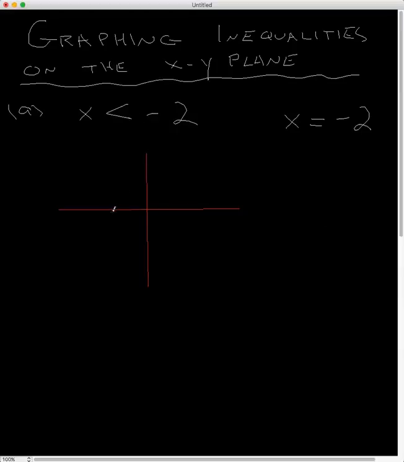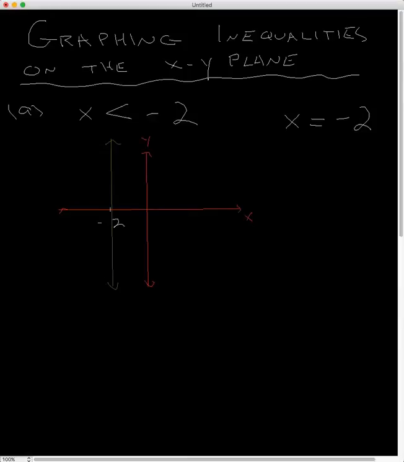At -2 we have x right here, and if we graph that with a line, it should look something like so. That's at -2 here. And I'll add my arrows here. This is the y-axis and this is the x-axis.